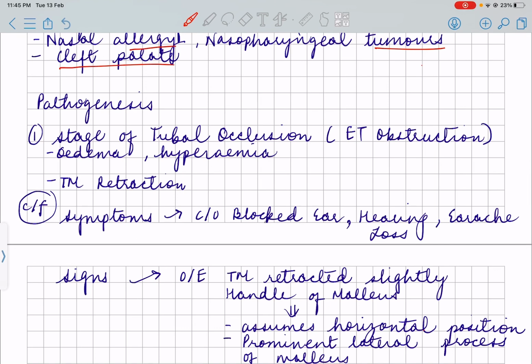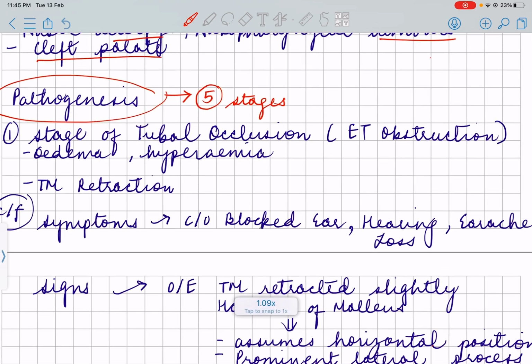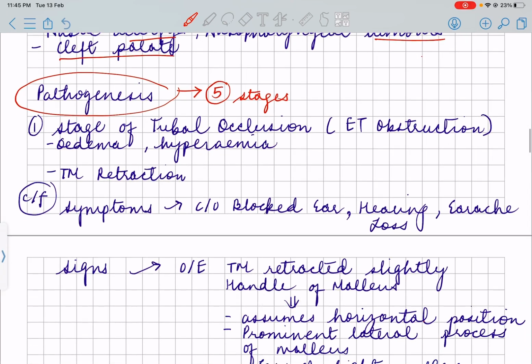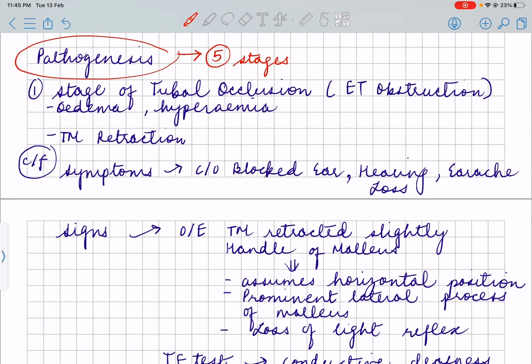Coming to the pathogenesis, which is the most important thing to discuss over here, the pathogenesis of ASOM involves five stages, and we will discuss all the stages in detail. First of all, we'll discuss the stage of tubal occlusion, which is the stage of ET obstruction.